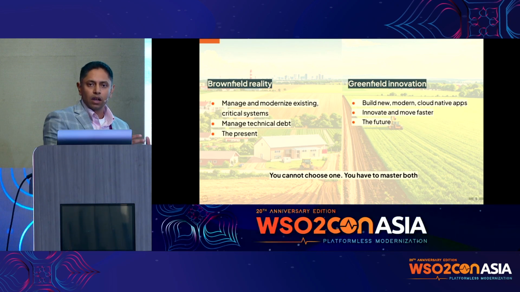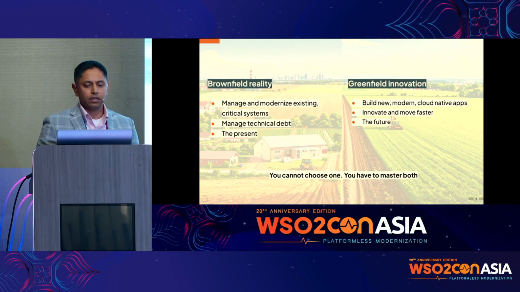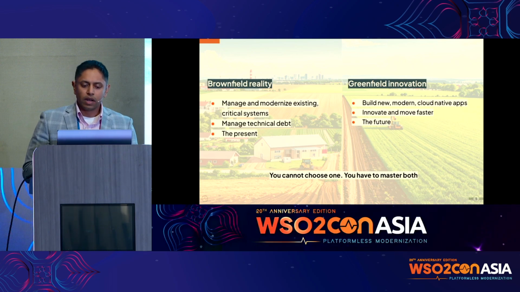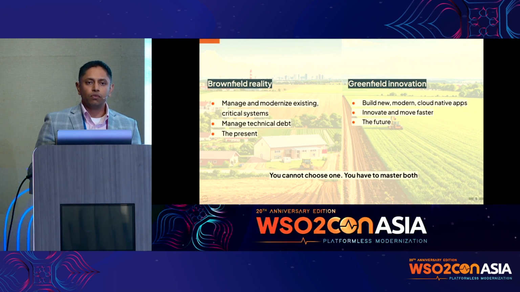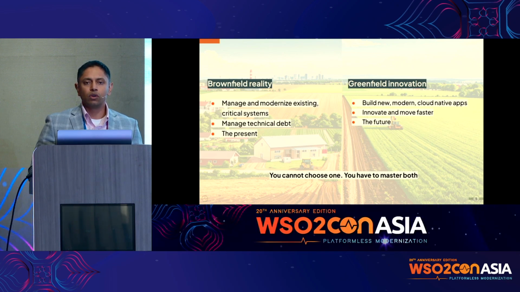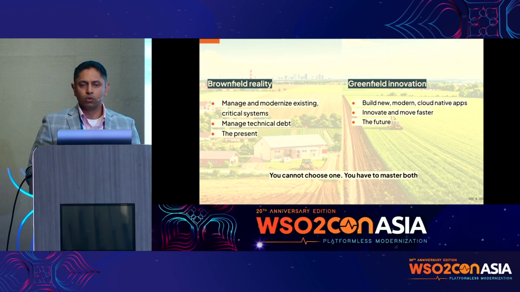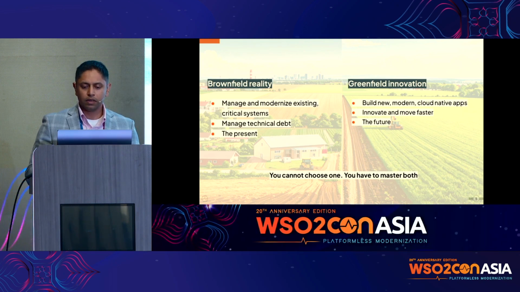This is the reality, or the present, that you face. So every company faces this dual reality, but you cannot choose one of these. You have to master both of these simultaneously to be able to compete in the markets that we have today.